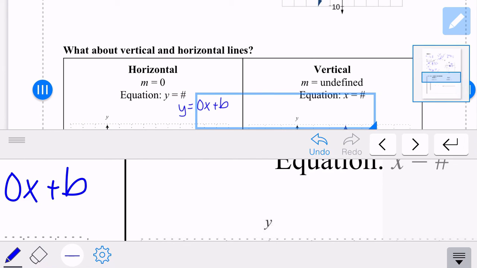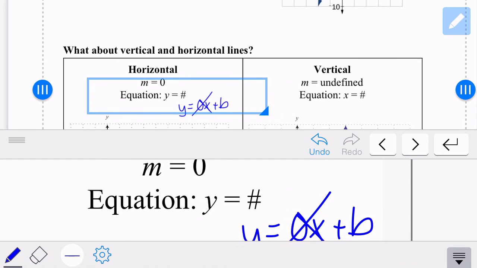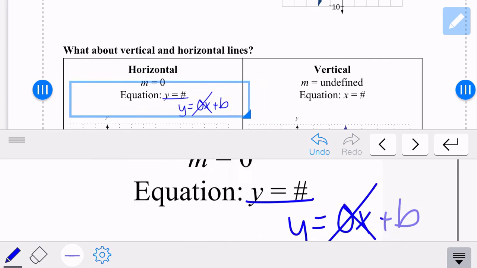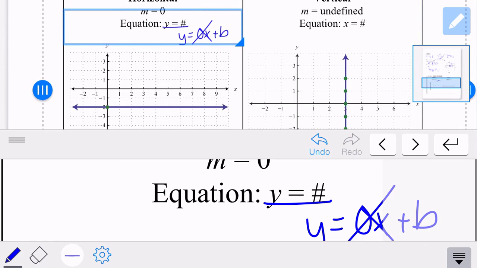Well, if we had 0x, there wouldn't even be an x in the picture. That would be totally gone. So that's why it's just y equals a number, okay? It's going to be y equals b. So if you want to put that in there, you can even do that too. Wherever the intercept is, that's where the equation of the line is going to be.